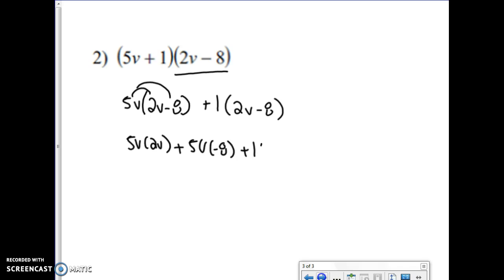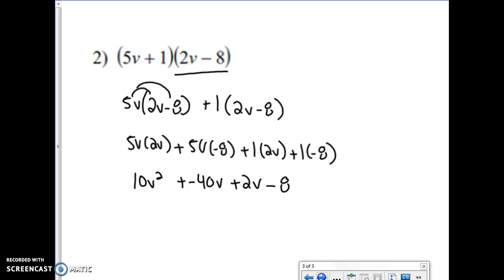I'm taking 1 times 2v, and then 1 times negative 8. So when I do that, I get 10v squared plus negative 40v plus 2v minus 8. And I'm going to combine like terms. These two are like terms, so I get 10v squared minus 38v minus 8.